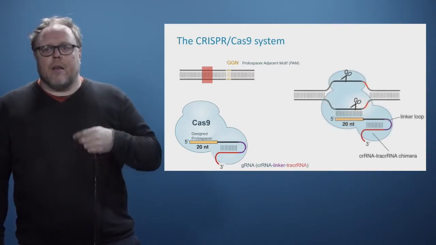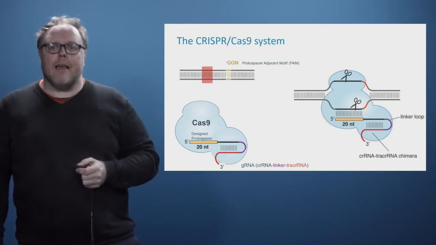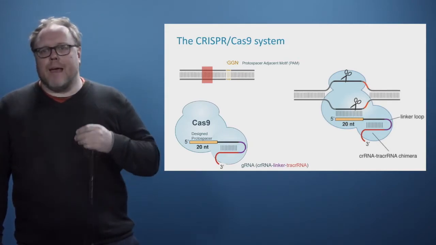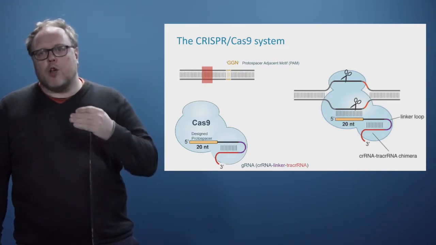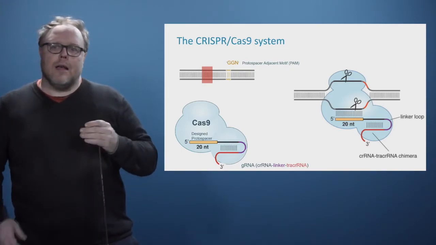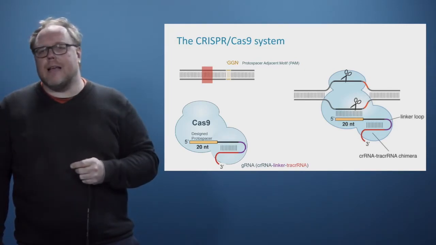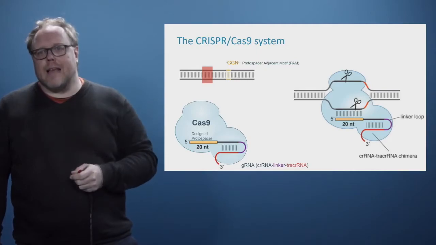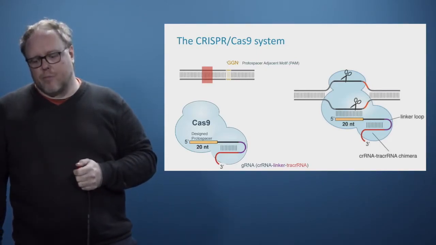The combination of this enzyme and guide RNA recognizes the PAM domain, and there will be a hybridization between the RNA molecule and the DNA molecule, which is opening up the DNA strand, and then the nuclease enzyme will cut the DNA at 2 positions, causing this double-stranded break.